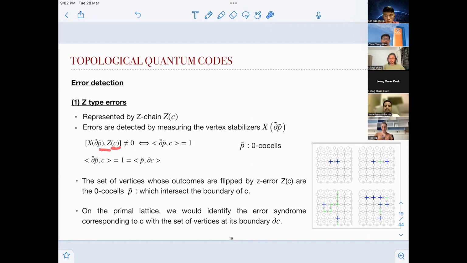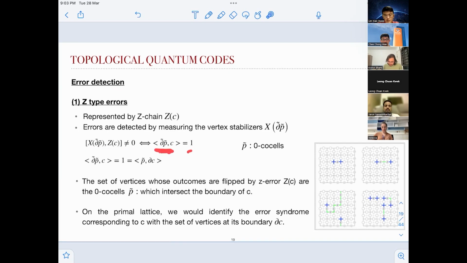If they commute, then you will not detect it. The only way you will detect it is if they don't commute. And if they don't commute, it means that the inner product is equal to 1, because there are only two values, 0 or 1. Since it's not 0, it's 1. But we know that this is nothing but p tilde delta C equal to 1, from using the definition of the co-boundary map.